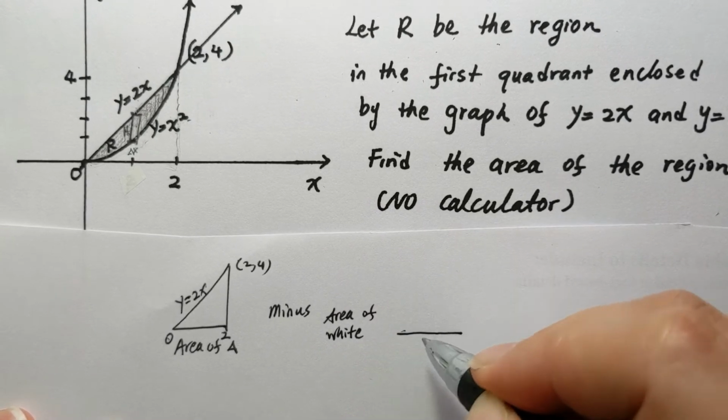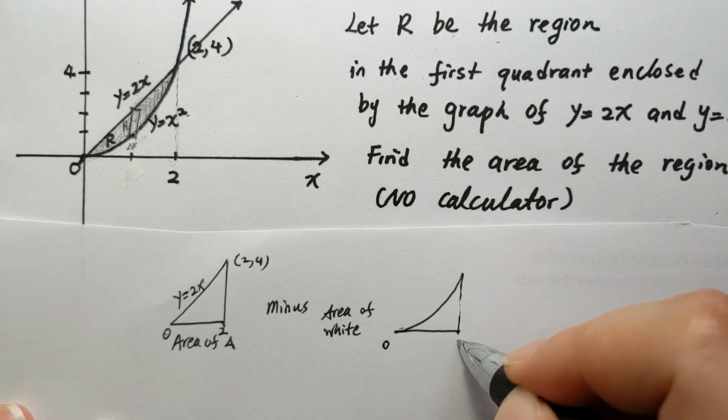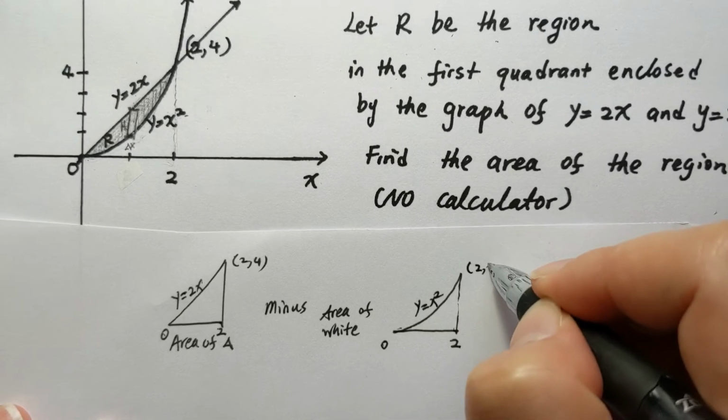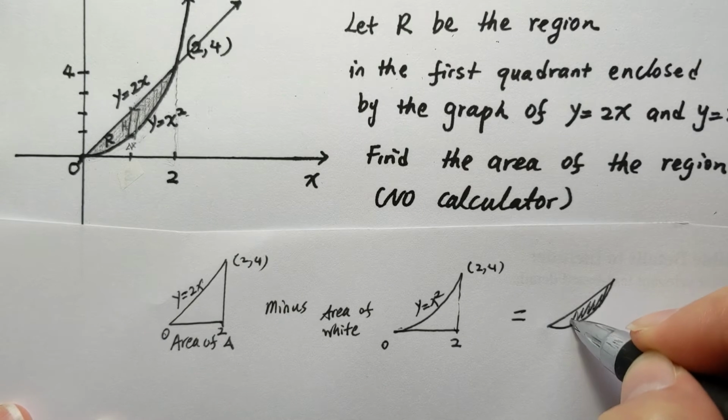That means the area underneath the curve from 0 to 2 and 2 to 4. Then that will give the area of the shaded region R.